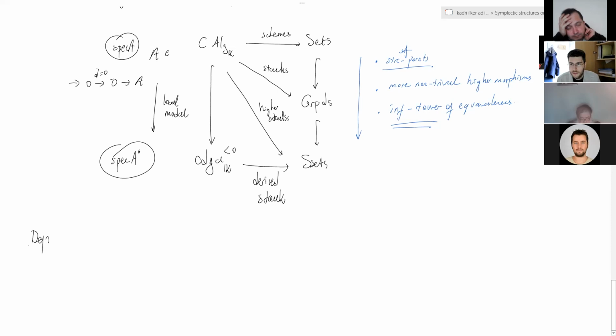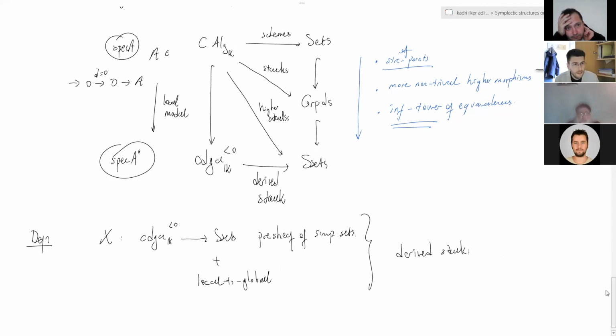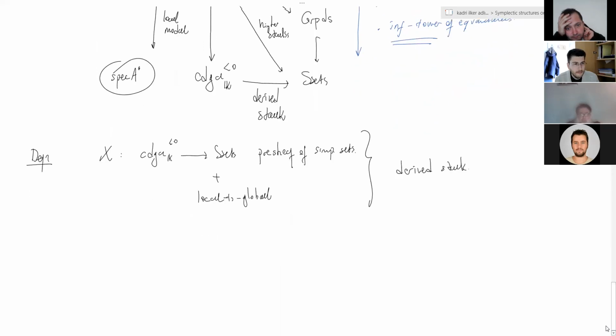So a definition: this thing X is a functor from CDGAs to simplicial sets, sometimes called a simplicial presheaf, plus the local to global property. This is called a derived stack, basically.